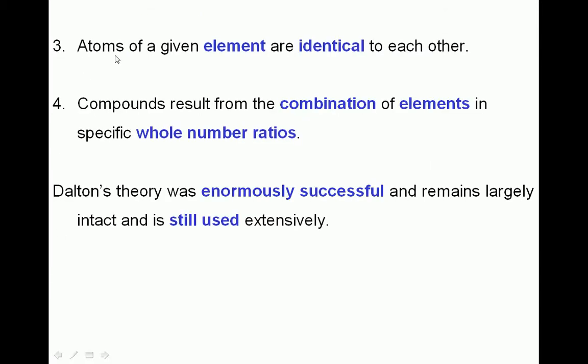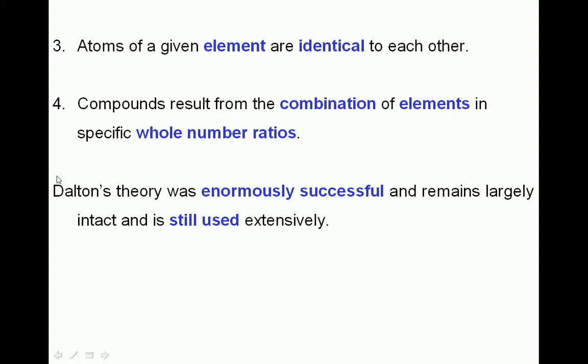He then formalizes the definition of an element and says that atoms of a given element are identical to each other. And then formalizing the definition of compounds, he says compounds result from combinations of elements, and in these must be different elements, and they are combined in specific whole number ratios, which makes sense.